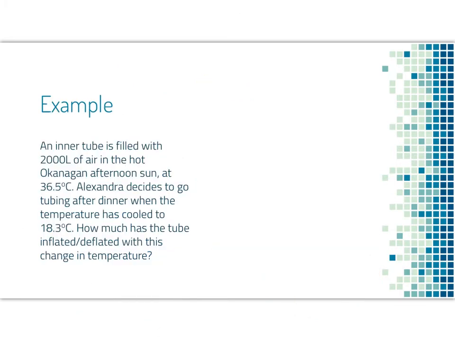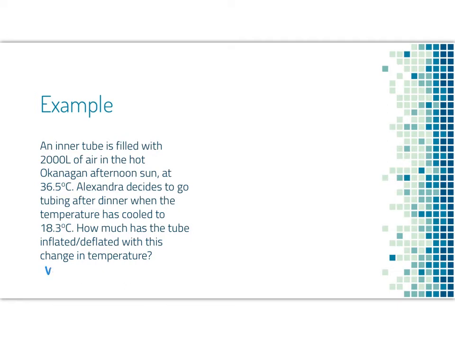All right, examples here. An inner tube is filled with 2,000 liters of air on the hot Okanagan afternoon sun at 36.5 degrees Celsius. Alexandra decides to go tubing after dinner when the temperature is cooled to 18.3. How much has the tube inflated or deflated with this change in temperature? So let's list out what we know.